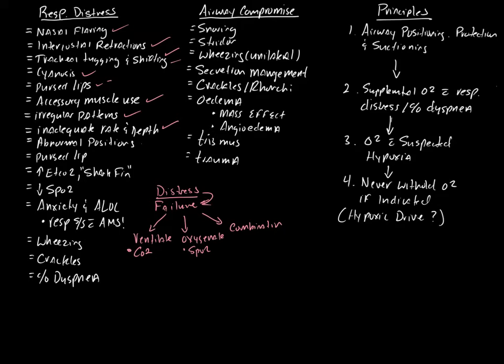Cool. Abnormal positions. What are some abnormal positions you could think of? Tripoding would be a classic. Yeah, a classic indication. Good. Pursed lip. Hey, look at that, covered again. Some other things: your end-tidal CO2, specifically the capnograph waveform. What does the waveform indicate?